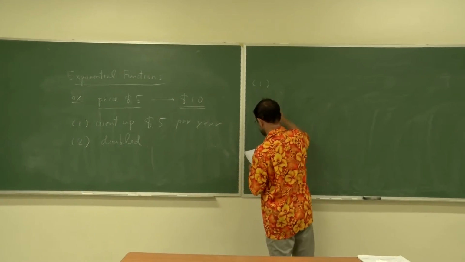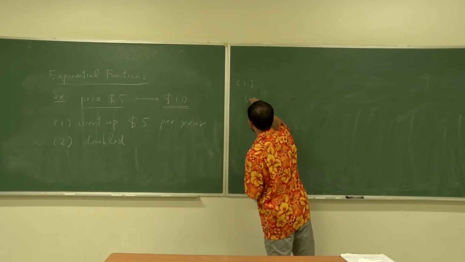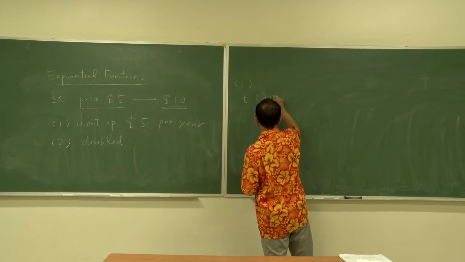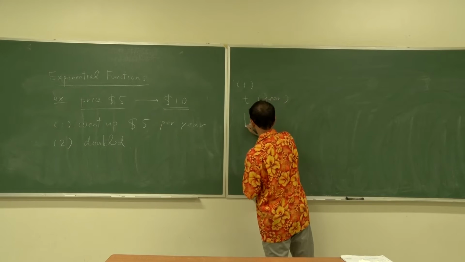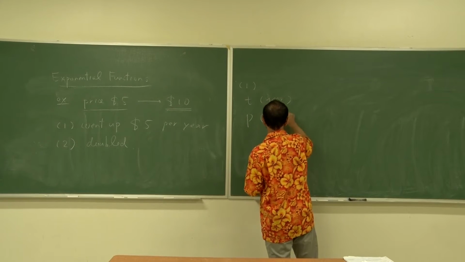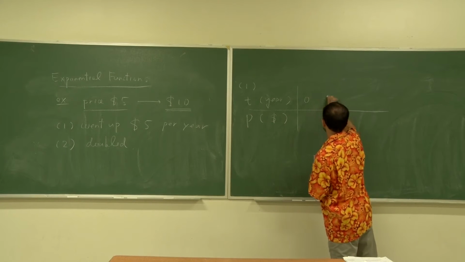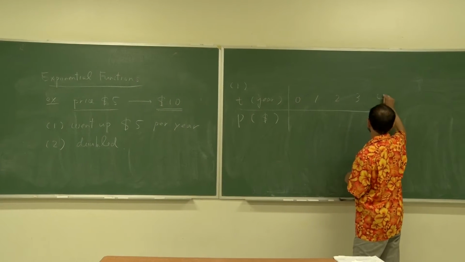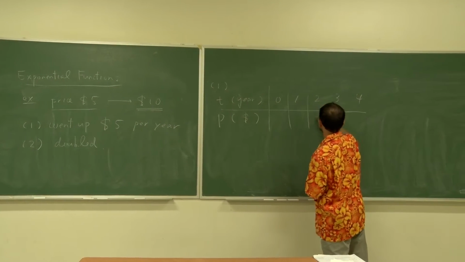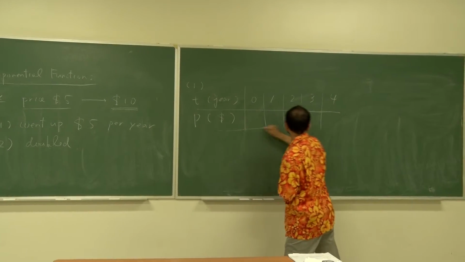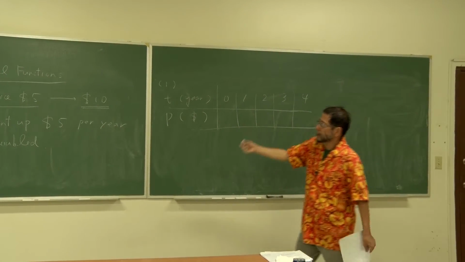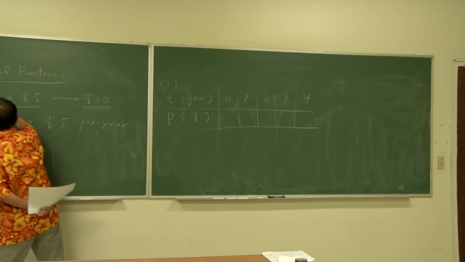So for number one, let's say T is a year, and P is a price. Let's just see what happens in the future. I say price $5, this is current.